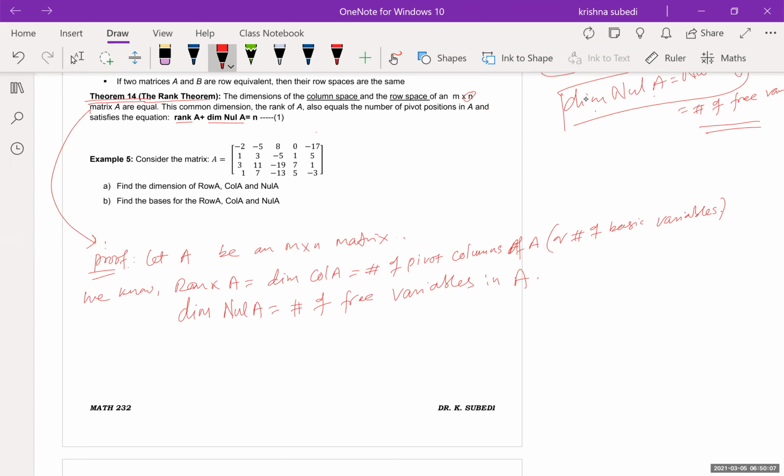We also know that the number of basic variables, or number of pivot columns, you can say.